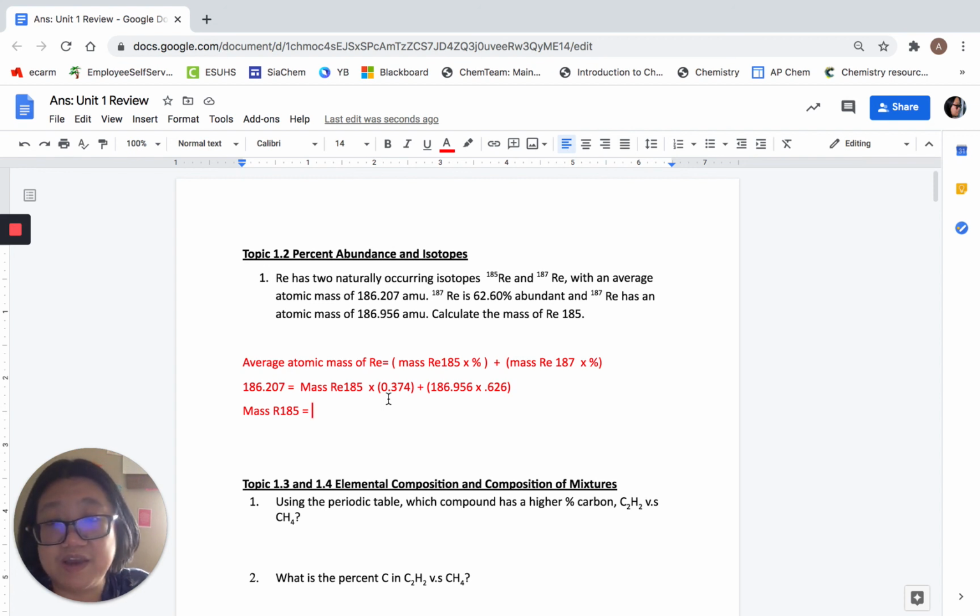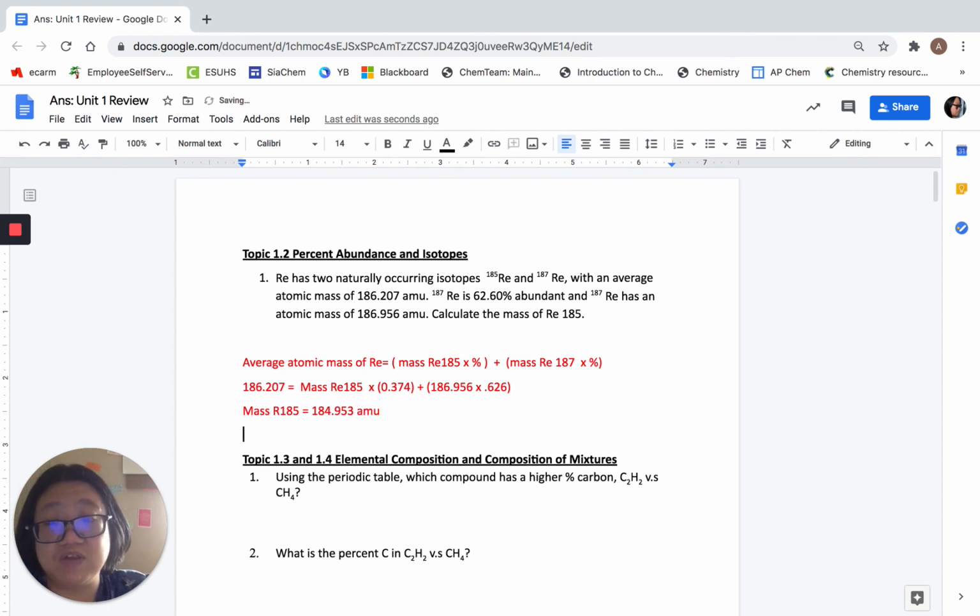When I get there, because you're adding and subtracting, we are going to go with the decimal places. So that means this is 3 decimal places. So 184.953, and then we're going to say this is AMU. Okay, don't forget the unit. If you don't have a unit, you're going to lose points.